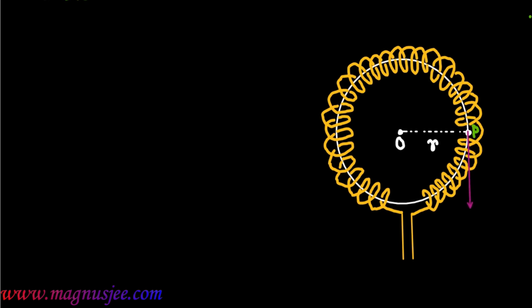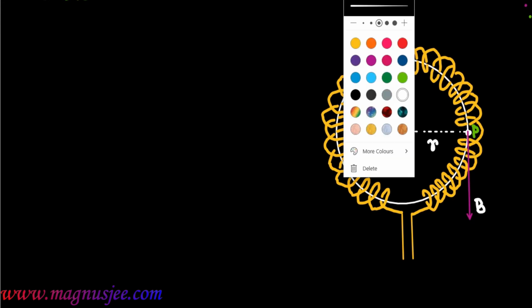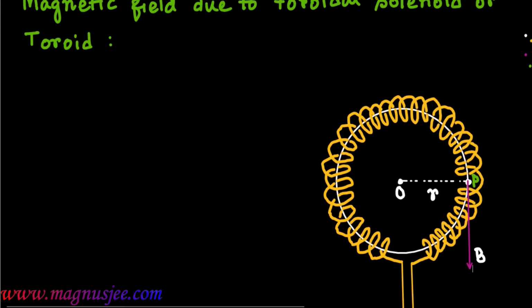At the point P, magnetic field B acts tangentially, as shown in the figure.